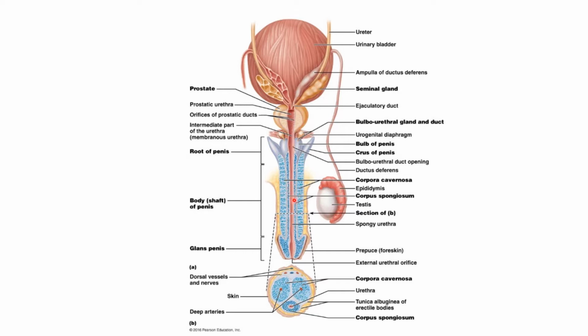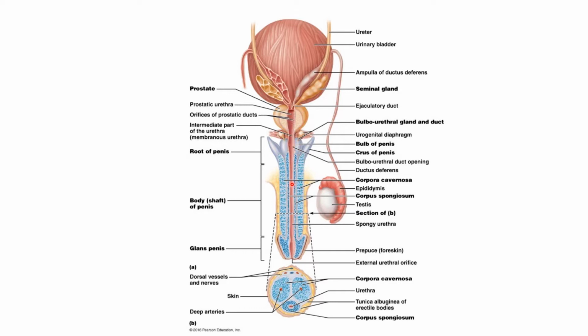When the corpus spongiosum, which is right here, deep, closer to the urethra, expands, again due to the corpus spongiosum being engorged with blood as well, its main job is actually to keep the urethra open during ejaculation.